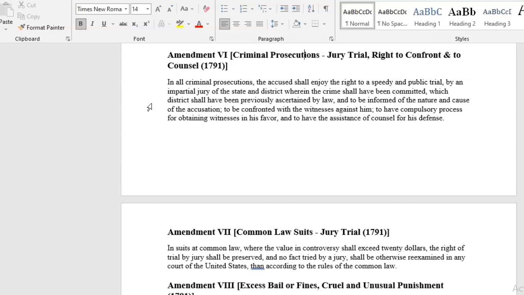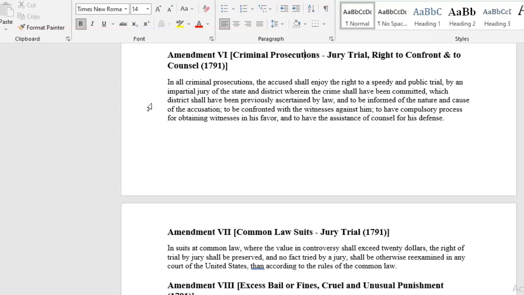for his defense. Now, this is another important one that gets violated an awful lot, because the courts have wanted to change this last stance of this paragraph to a bar card carrying attorney at law. But that's not what the Constitution says.